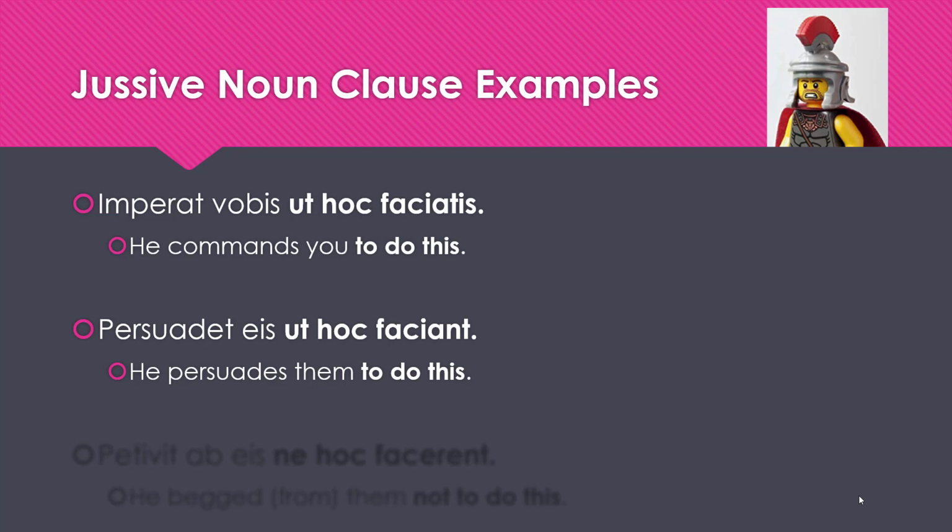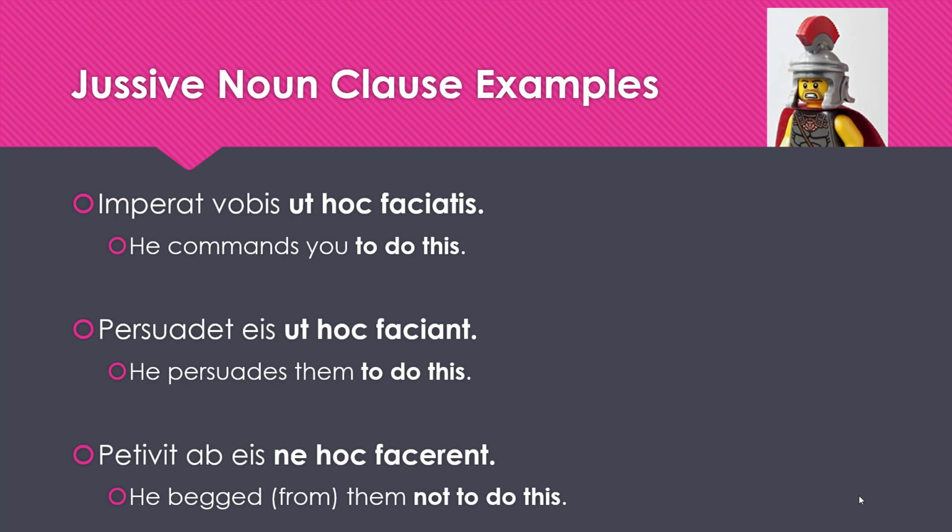It's really just recognizing, hey, this is another way of expressing a command, and resisting that temptation and translating it as a command instead, because with persuadeo, you have a subjunctive. Putting that together, this is really what they're trying to get at. It's more forceful than a regular subjunctive showing something hypothetical, right? He persuades them to do this.